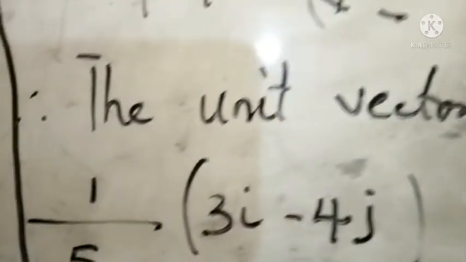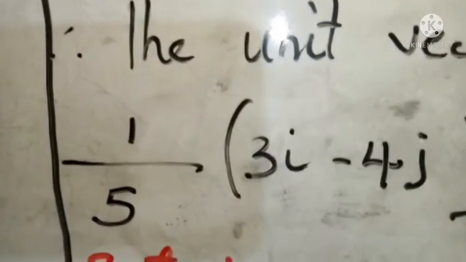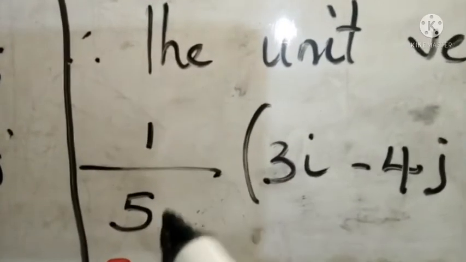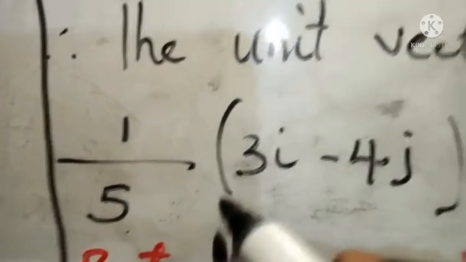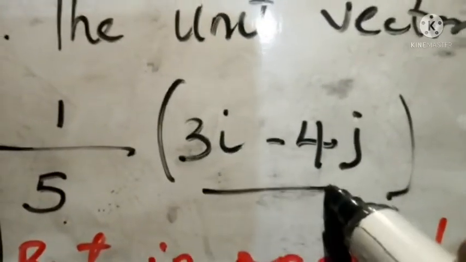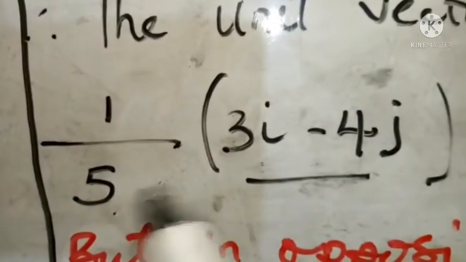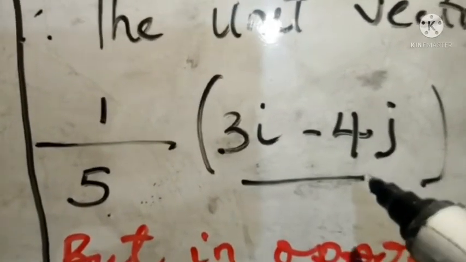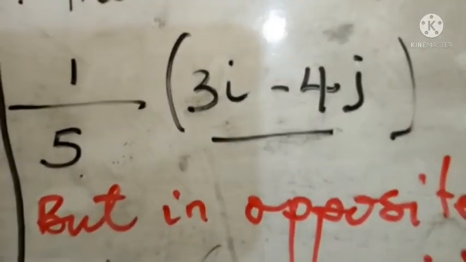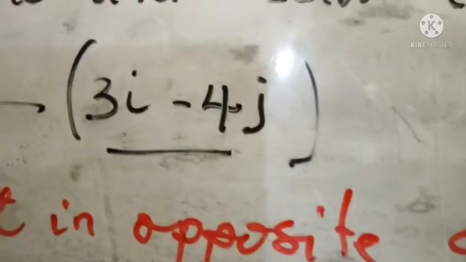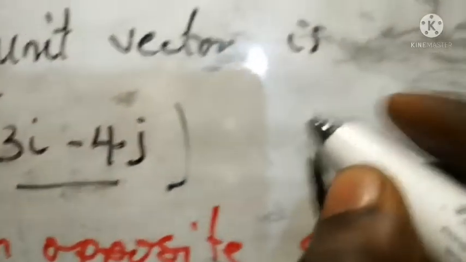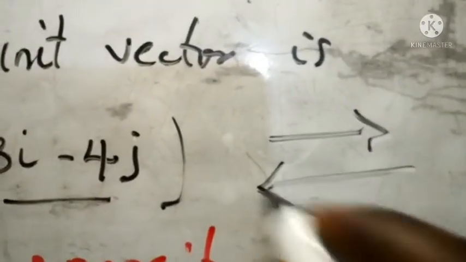Now that we have found the resultant vector as well as the magnitude of the resultant vector, that is 1 over the magnitude of the resultant vector, which is 5, and then everything multiplied by the resultant vector, right? So this is what we call the unit vector. This is exactly how the unit vector looks. But remember the question says that they were moving in the opposite direction, right? As I explained earlier, you are going this way and then your friend is moving in the other direction.